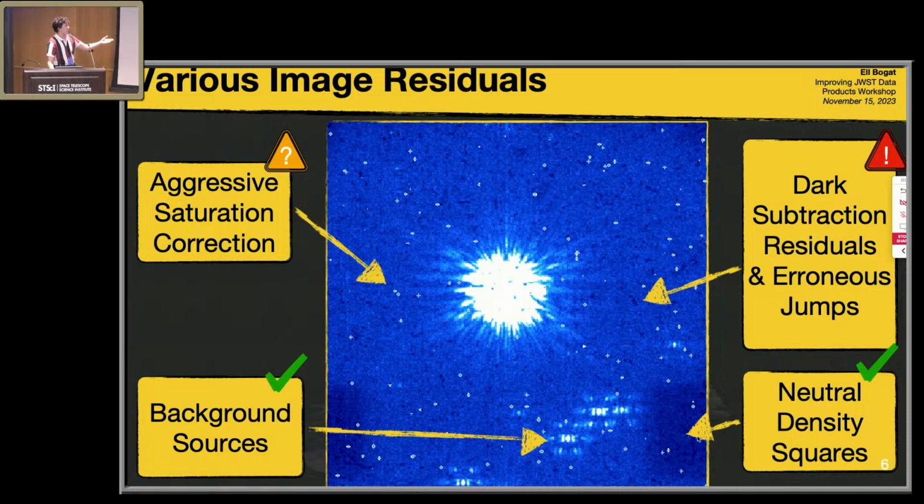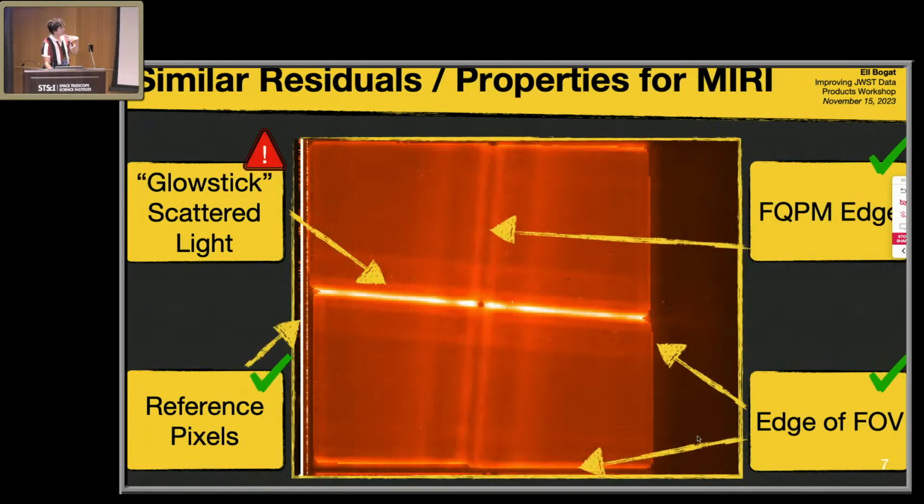And then, of course, there's the neutral density squares that are patches of additional attenuation in the coronagraph filter that we use for target acquisition of bright objects. And then you might have background sources that you're not particularly interested in, this being the NIRCam example. And we have analogous sources for MIRI. All of these things need to be mitigated and removed so that we can do our science.